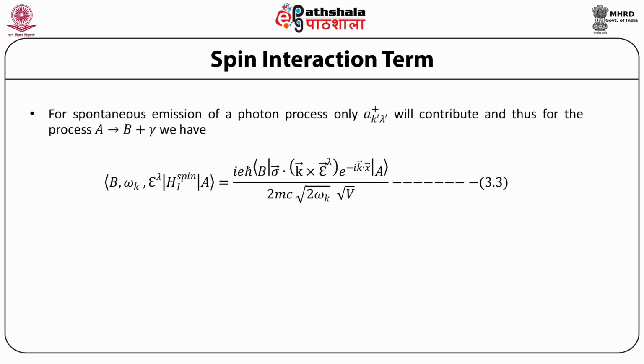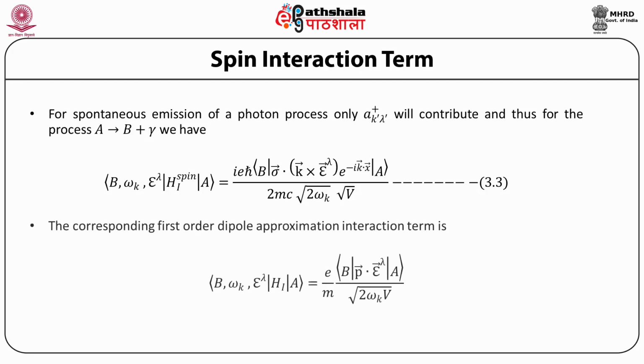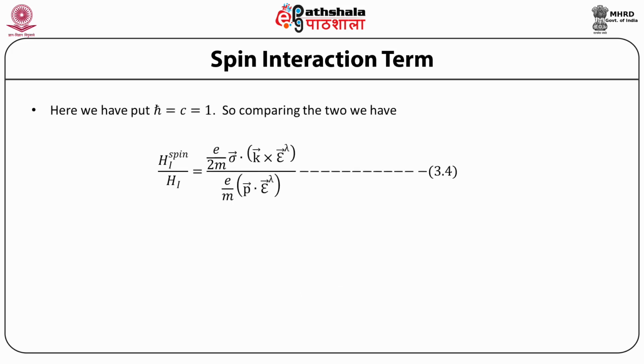So this is equal to i e h cross matrix element between B and A of sigma vector dot k vector cross epsilon lambda into exponential minus i k vector dot x vector divided by 2mc square root of 2 omega k and square root of V. The corresponding first order dipole approximation interaction term is the matrix element of H_I between B, omega k, epsilon lambda and A, equal to e by m, B, p vector dot epsilon lambda and then ket of A, divided by square root of 2 omega k V. Here we have put h cross and c equal to 1.